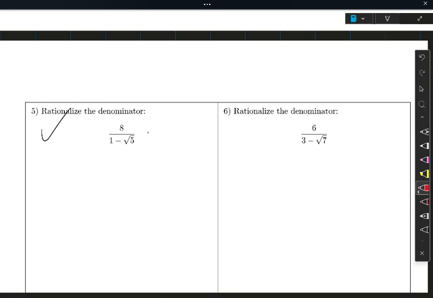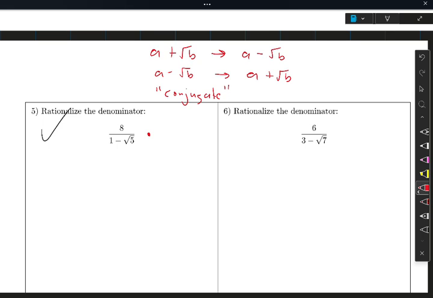We're going to multiply that by what's called the conjugate. If we're talking about a plus root b, the conjugate would be a minus root b. If we're talking about a minus root b, the conjugate is going to be a plus root b. Okay? That's what the conjugate is going to be.